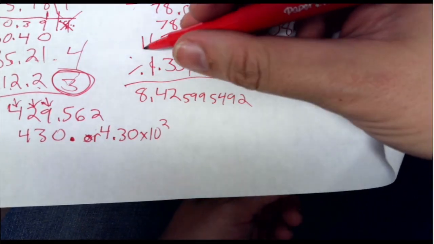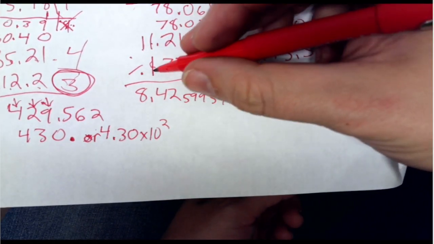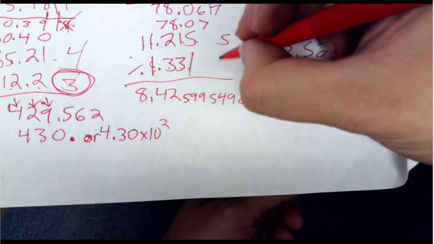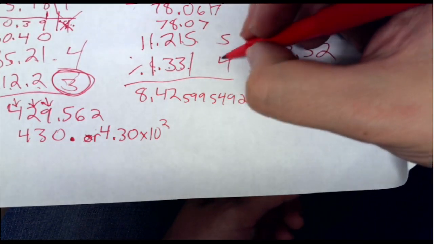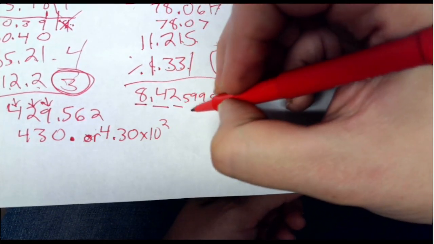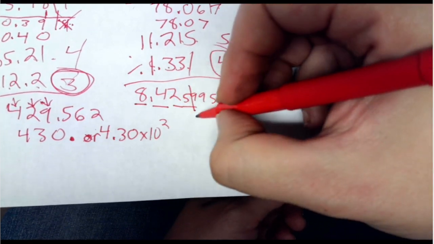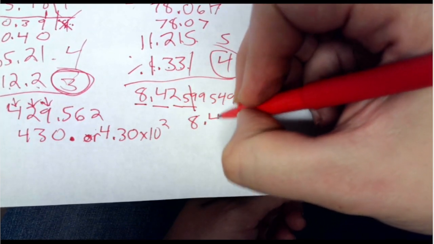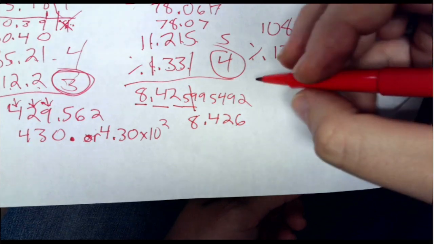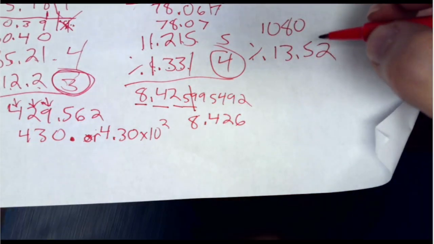No. This is 1, 2, 3, 4, 5 sig figs. This is 1, 2, 3, 4 sig figs. You always keep the one with the lesser amount. So we start 1, 2, 3, 4, and so I round right there. 8.426. That's 4 sig figs.